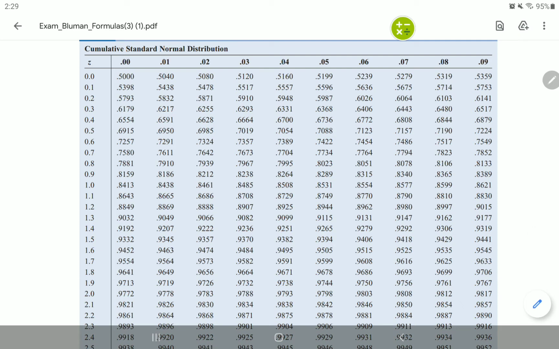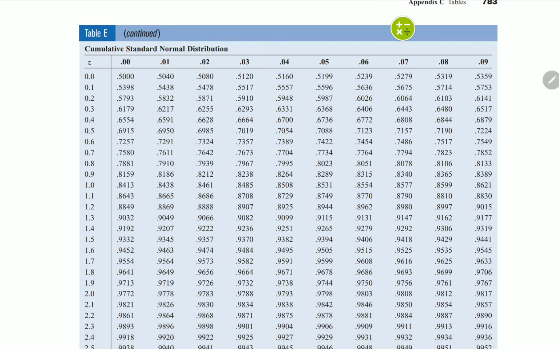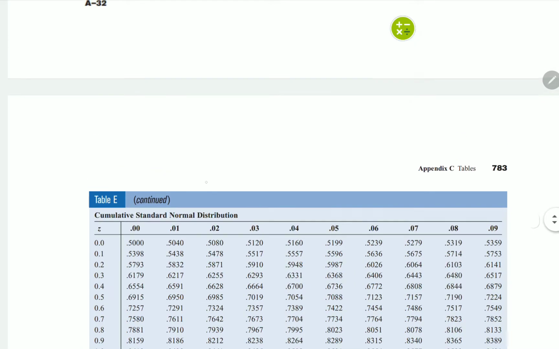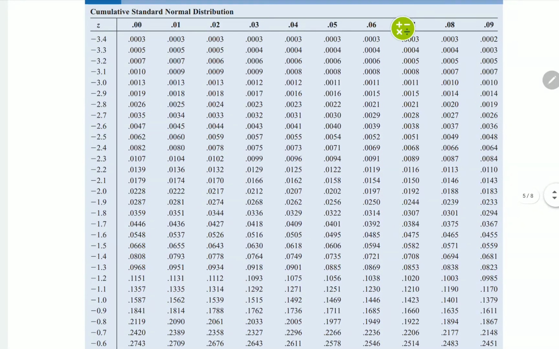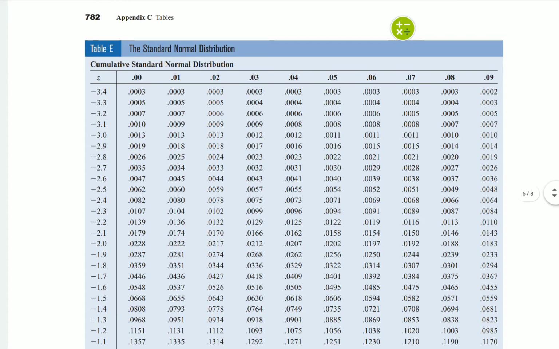Whenever it loads, because I thought I had it loaded already. Okay, so our z-scores are both negative. So we're going to go to the negative side of our standard normal distribution table. The first one I want to find is z equals negative 2.3 or negative 2.30. So I'm going to write the z-score right here. Z equals negative 2.30.